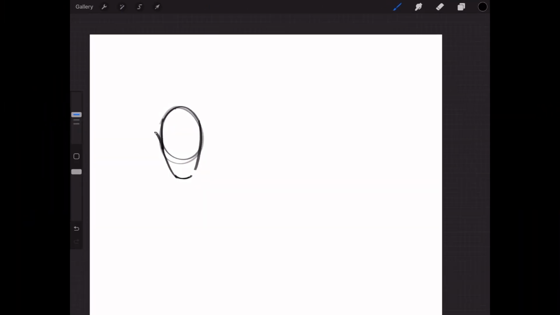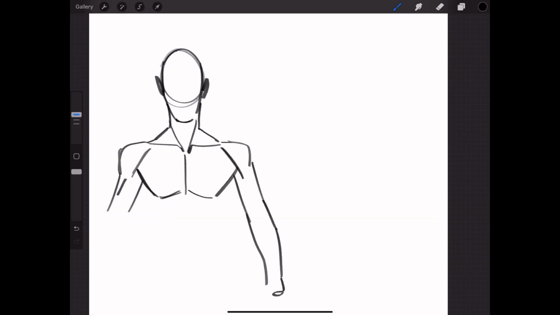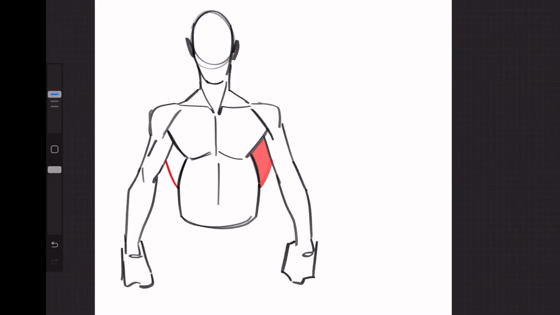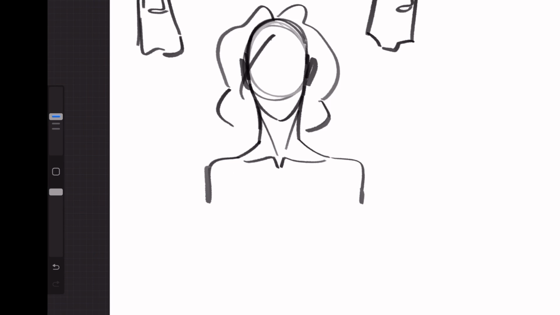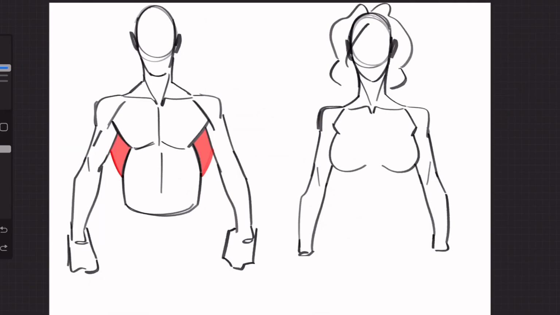Another thing that I personally take note of is that I find the external oblique / lat part of a man's body is typically wider and more developed than a woman's. And whenever I'm drawing a woman, I find that depending on the size of the breasts, they'll just obscure most of what you'd normally be able to see anyway.